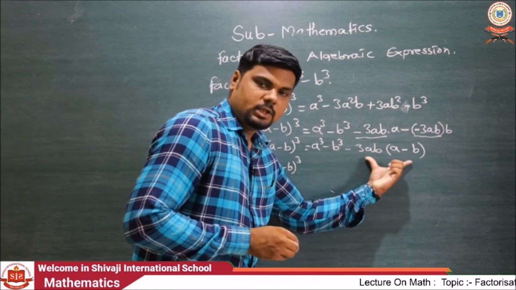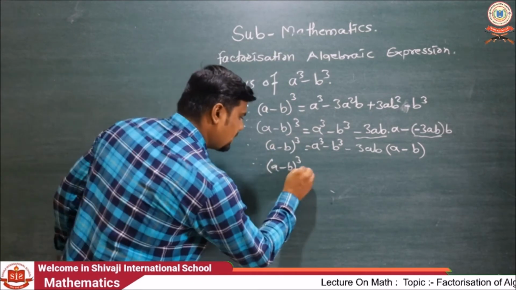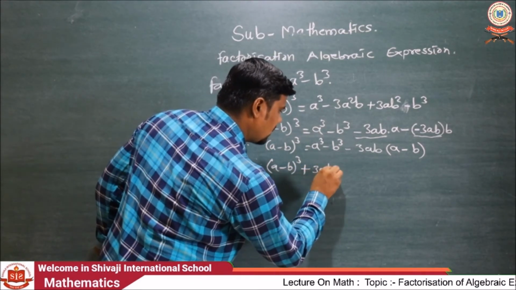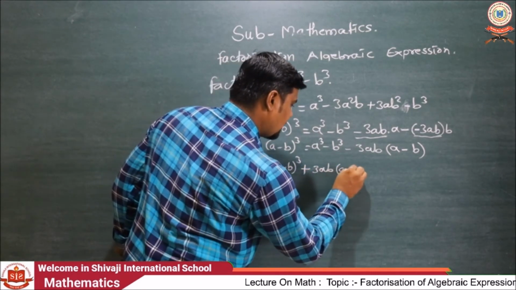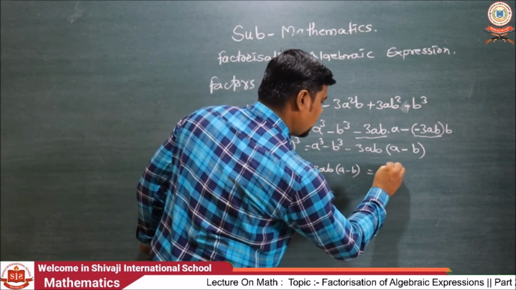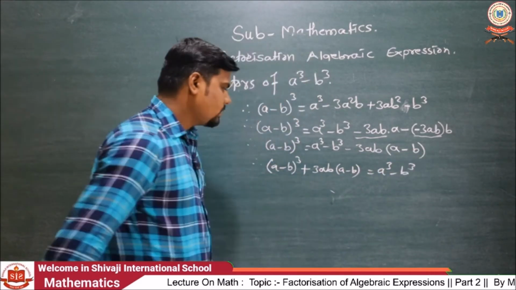Then this whole part transferred to this side becomes plus 3ab(a − b) equals a³ − b³. Okay.